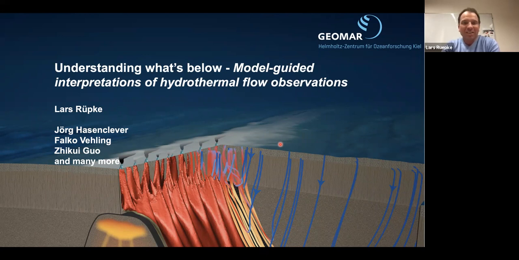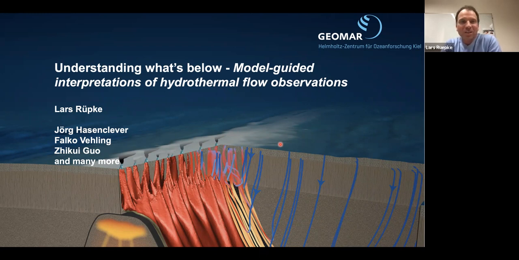The work I'm presenting has been done mainly in the hydrothermal modeling team in Kiel. What I'm presenting here is basically my narrative around it. This is why I think we are doing all the science. The work itself has been done mainly by the people mentioned on the slide. There's Jörg Hasenclever, who is doing really cool new models on 2D and 3D multi-phase flow modeling in hydrothermal systems.